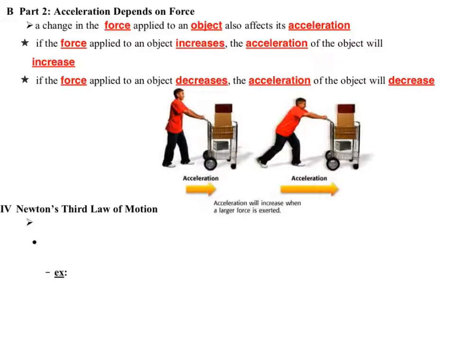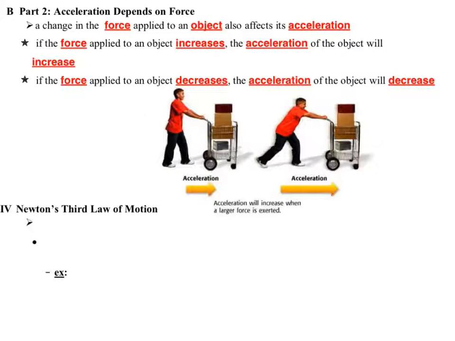And again, logically, if the force applied to an object decreases, the acceleration of the object will also decrease. So this is saying, if I take the same object and I push it hard, and then I push that object again with less force, I don't push it as hard, it will not accelerate as fast as the first time I pushed it with more force. So the more force you push an object with, the faster it accelerates. The less force you push an object with, the slower it will accelerate. Common sense.